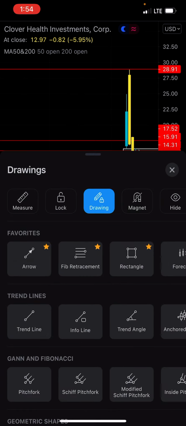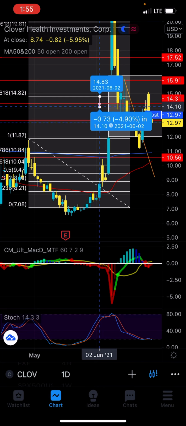I would have probably taken profit somewhere around 5% under. We'll do 490, whatever. So I would have actually started taking profit at 14.10 if I had calls here.